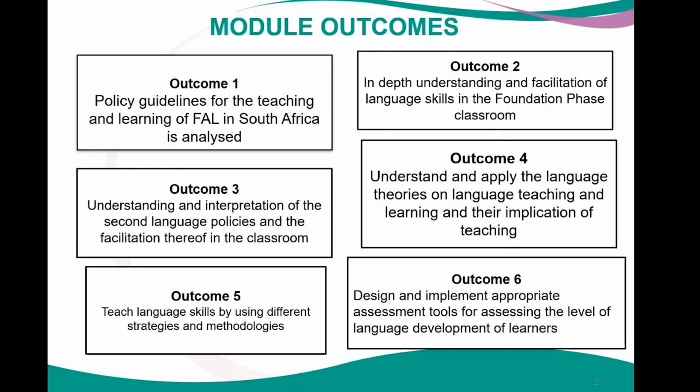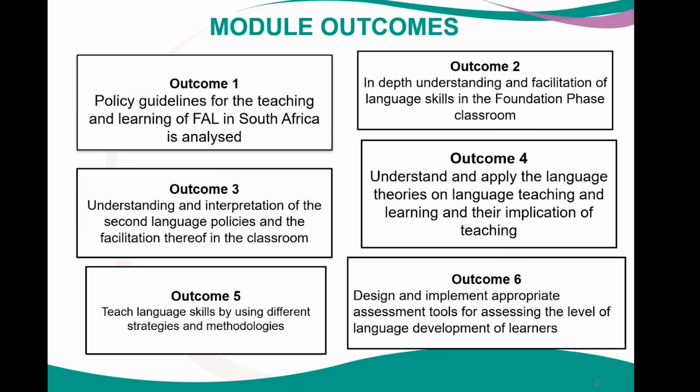Outcome 1 says policy guidelines for the teaching and learning of FAL in South Africa will be analyzed in that unit. In unit 2, the in-depth facilitation of language skills in the foundation phase classroom will also be analyzed, and you will learn about it.